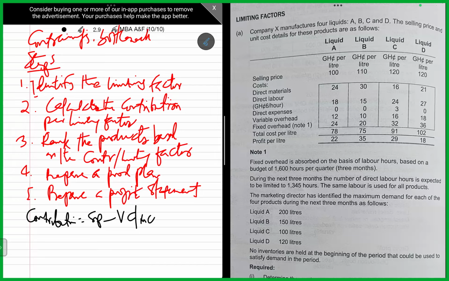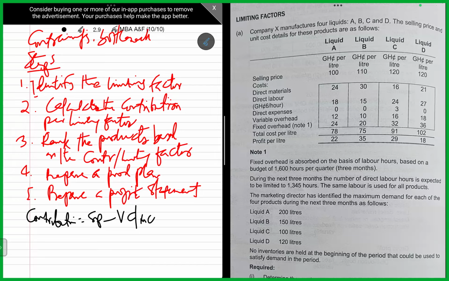Then the note. Fixed overhead is absorbed on the basis of labor hours based on a budget of 1,600 hours per quarter, which is 3 months. During the next 3 months, the number of direct labor hours is expected to be limited to 1,345 hours. The same labor is used for all products.